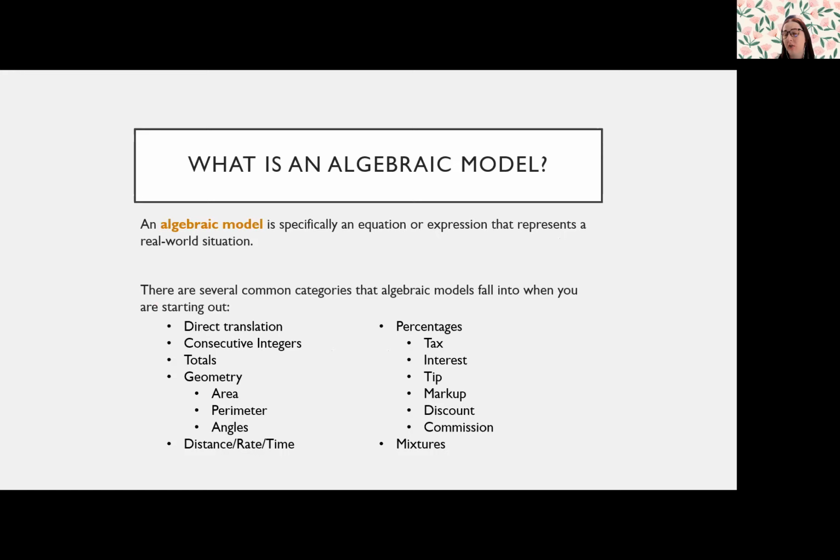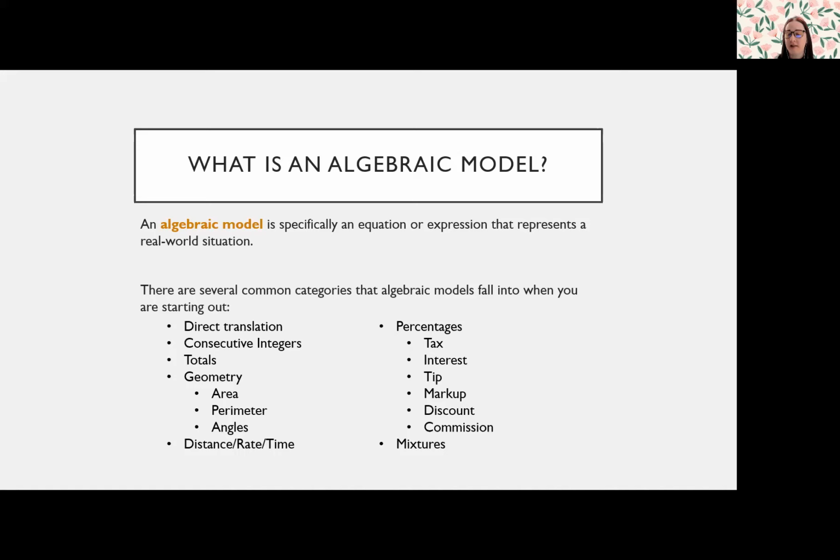When we talk about algebraic models specifically, this is something that uses algebra. You're going to be using variables in your equation or your expression when you're representing a real world situation. Most mathematical models are algebraic models because we generally have variables that we are looking to solve.